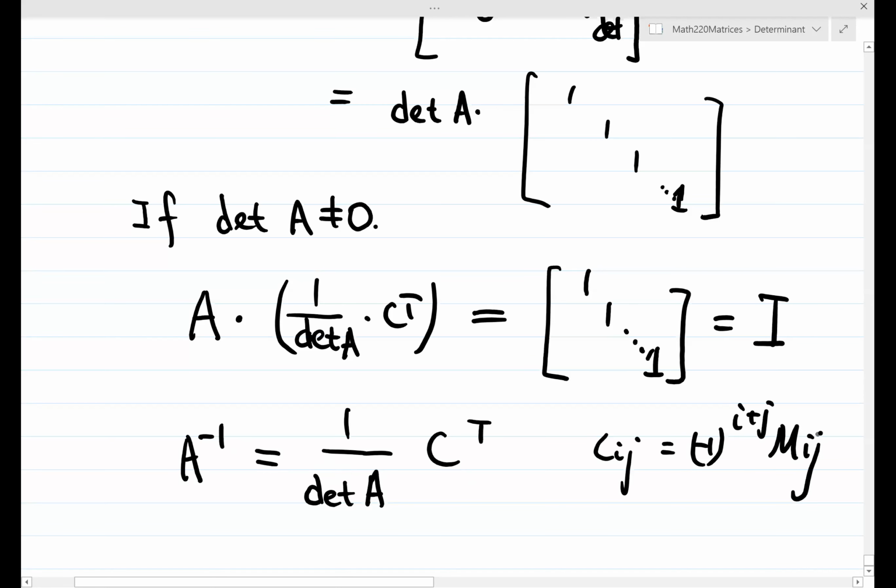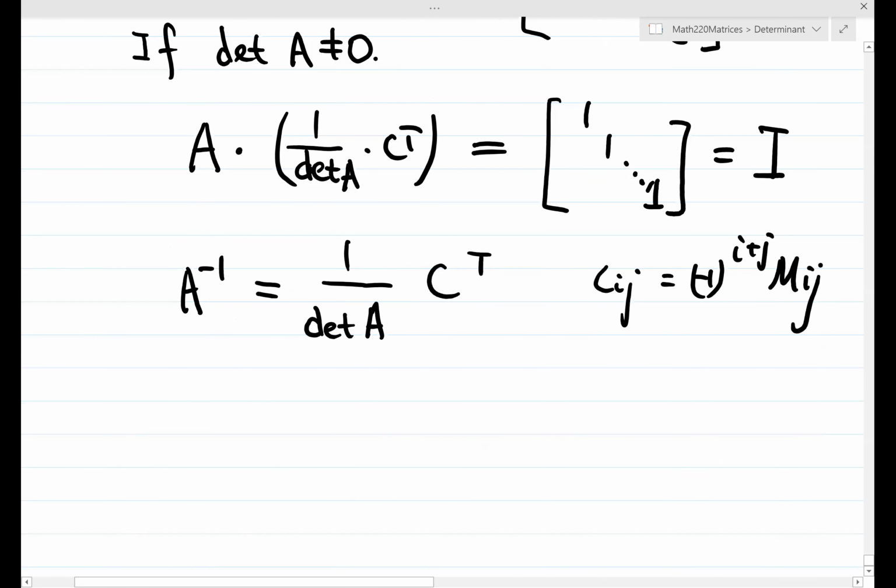So this Cramer's rule tells us how we can find A inverse explicitly.